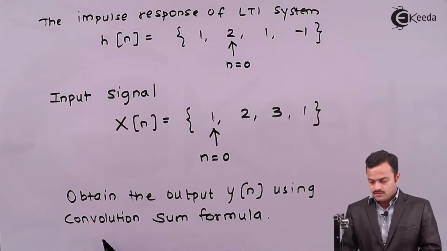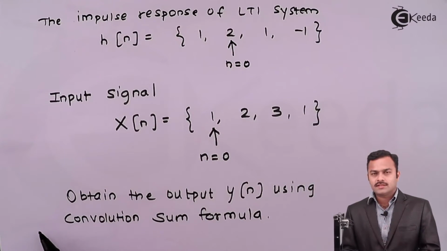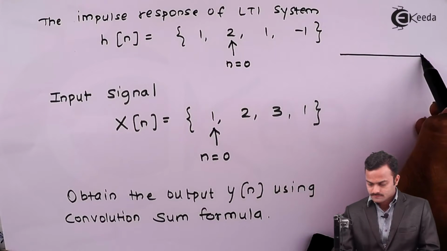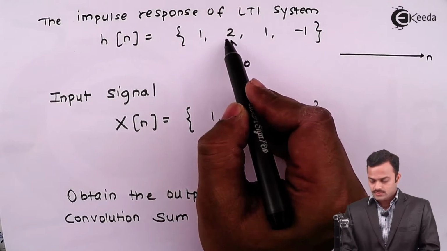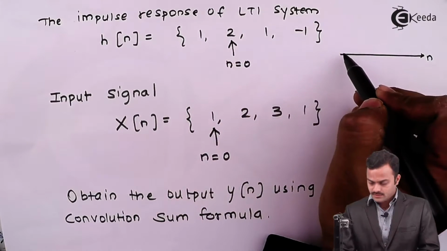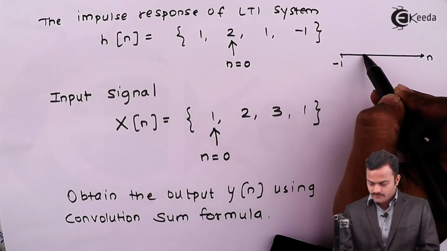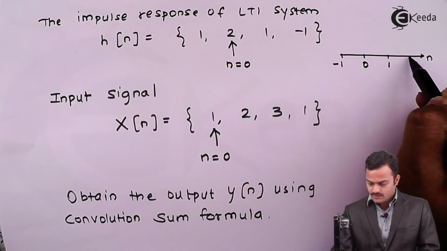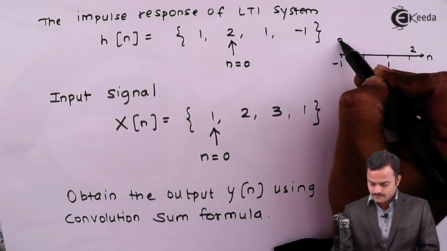So over here, the first step is that we need to see how the signal will look by plotting it. So the plot of the signal will be like this. N equal to 0 is mentioned over here, so this has to be n equal to minus 1. So this is n equal to minus 1, then we have 0, 1 and 2, and the signal will be like this.